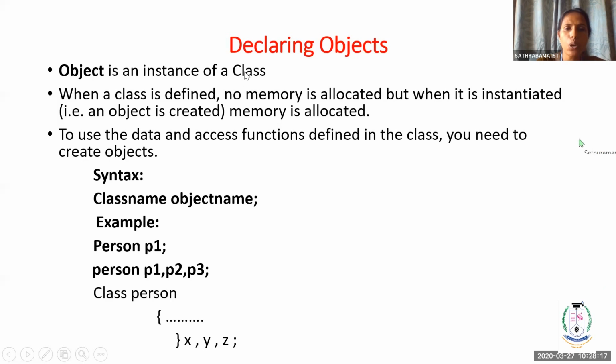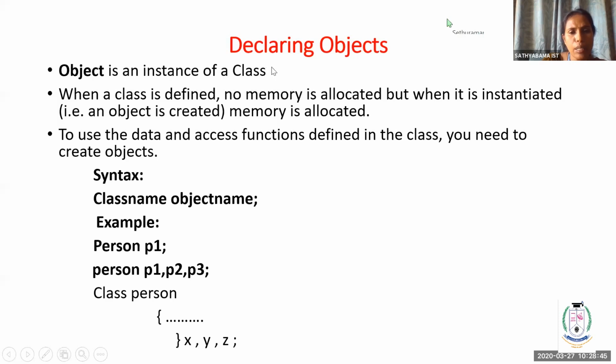We want to use all these data members and member functions for your application, so for this we need an object. Without the object we cannot access the data or the member functions. For this we have to declare the object.